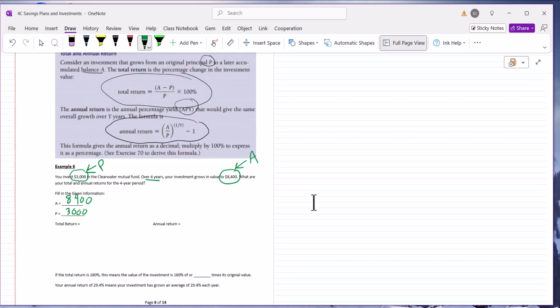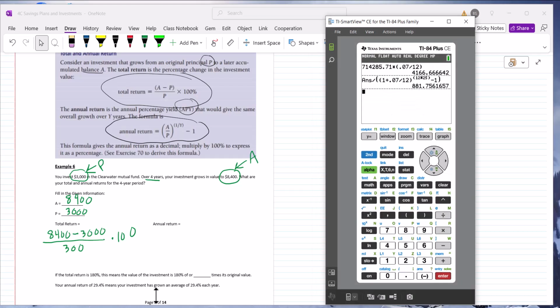When we do the total return, you do A minus P, divide by the principal P, then multiply that by 100. You can pretty well do this all in one step on your calculator.